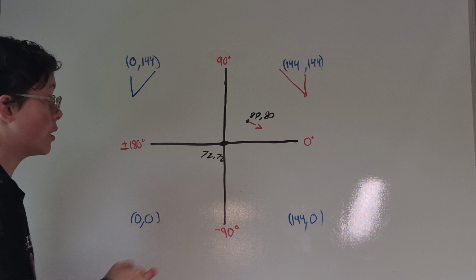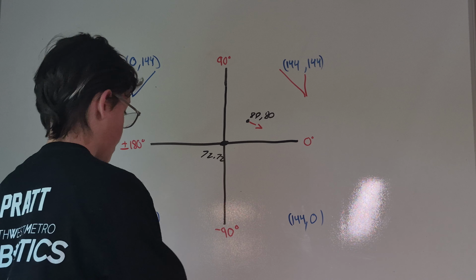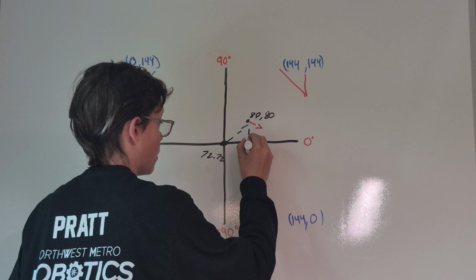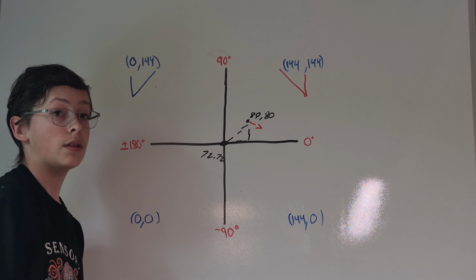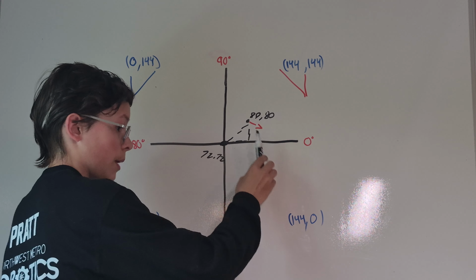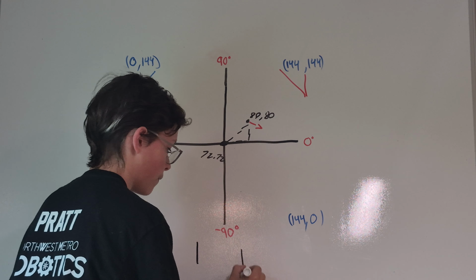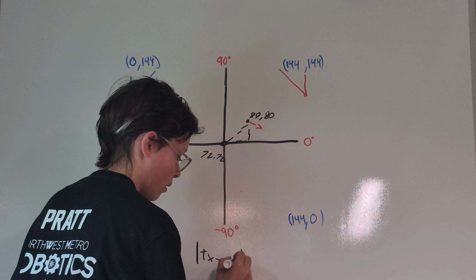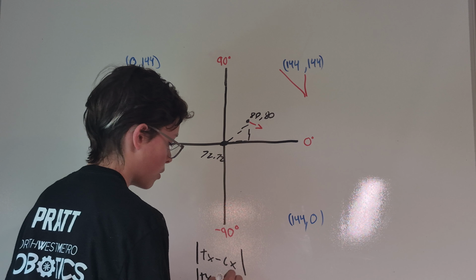So how do we turn it to face that way? We turn it to face that way by making a right triangle. You can find the sides of this right triangle like so: it's the absolute value of target x minus current x, and the same thing goes for y, so target y minus current y.